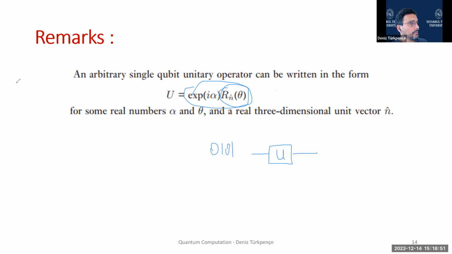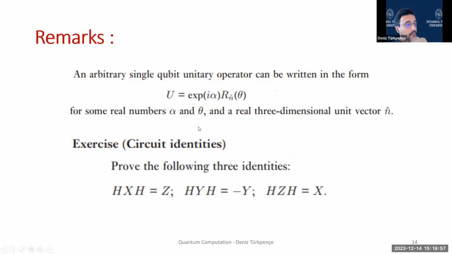Let's go on from here. We also have some exercises. You can prove that if you multiply the Hadamard operator, like a sandwich, between X, Y, and Z, you can obtain these identities.